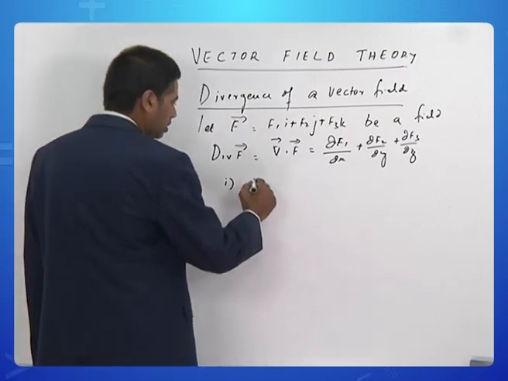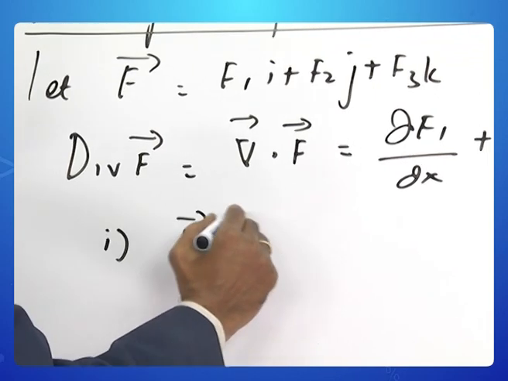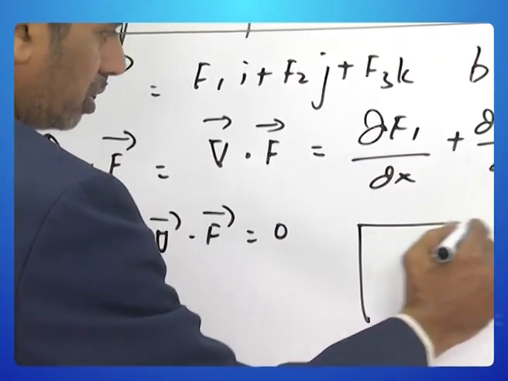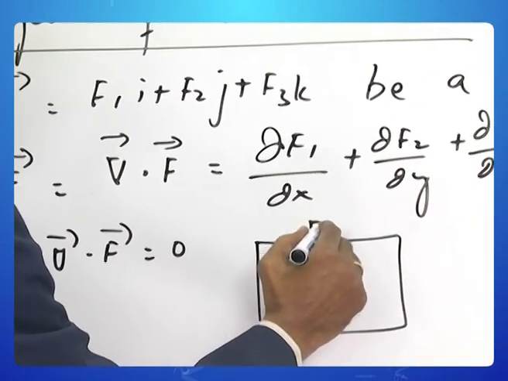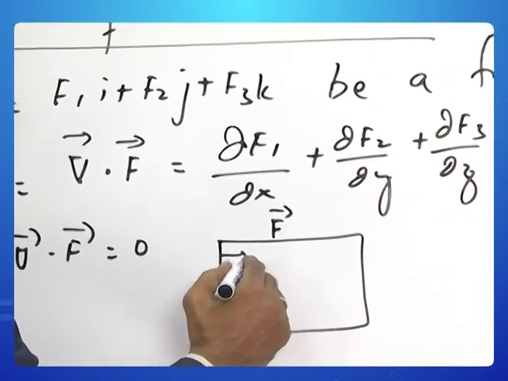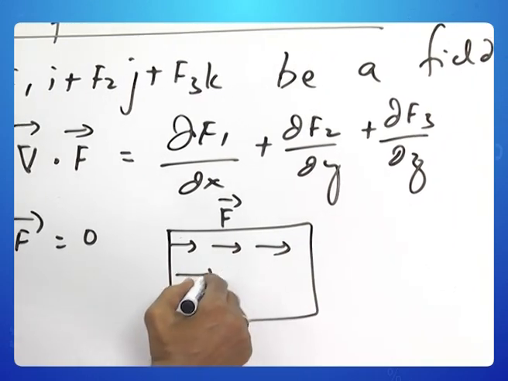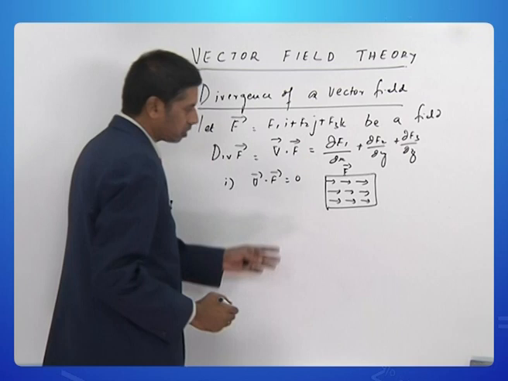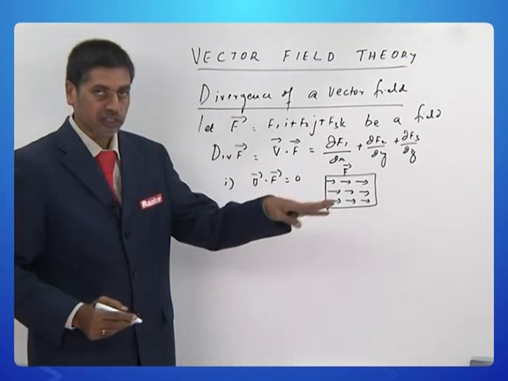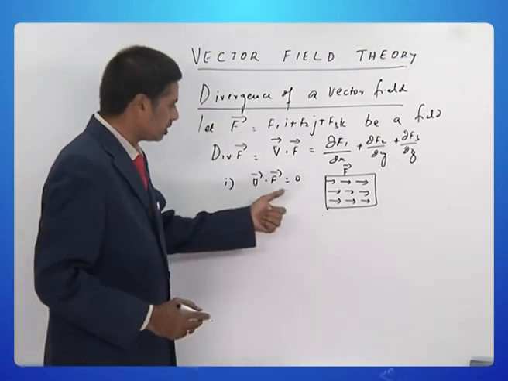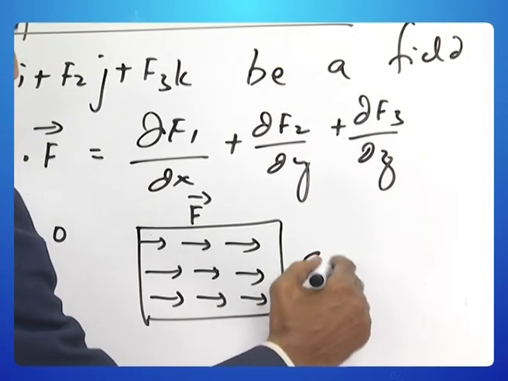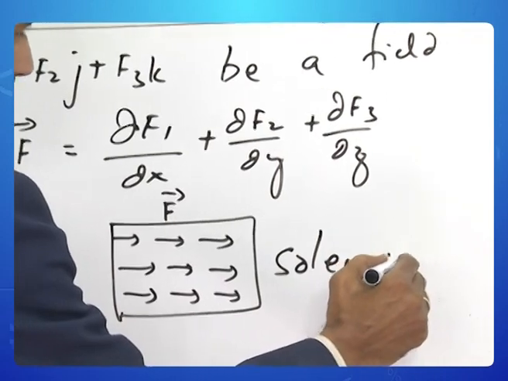One possibility is divergence f is equal to 0. So, if you imagine a field in which the flow is like this, that is, whatever enters the field also leaves it, then we say the divergence is 0. Then f is called, in this case, a solenoidal field.